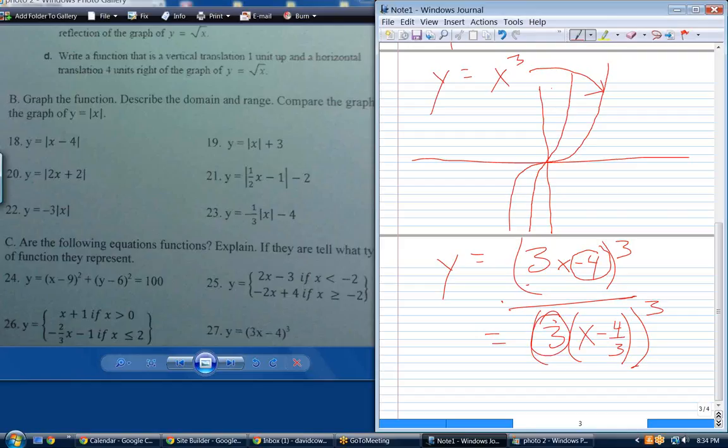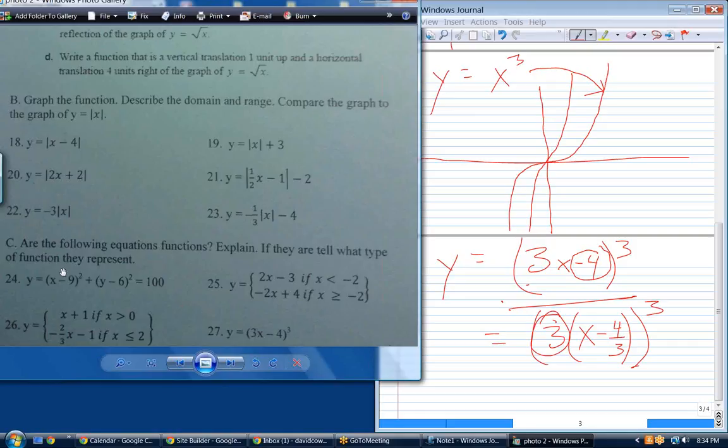And if I move it up or down, it doesn't change whether it's a function. In other words, y equals x cubed plus 1 would still be a function. And as to what kind of function, that's a cubic function because its parent is y equals x cubed.